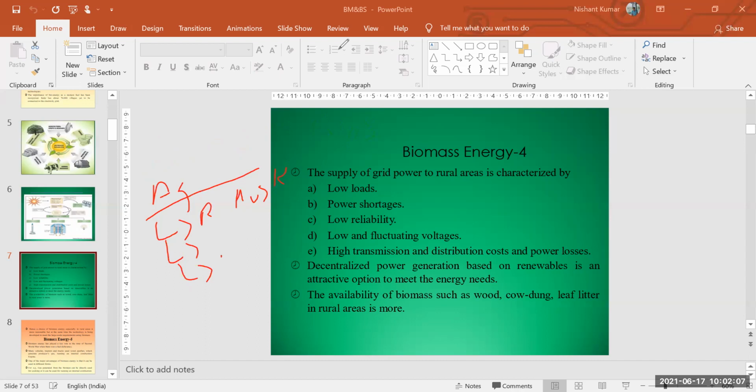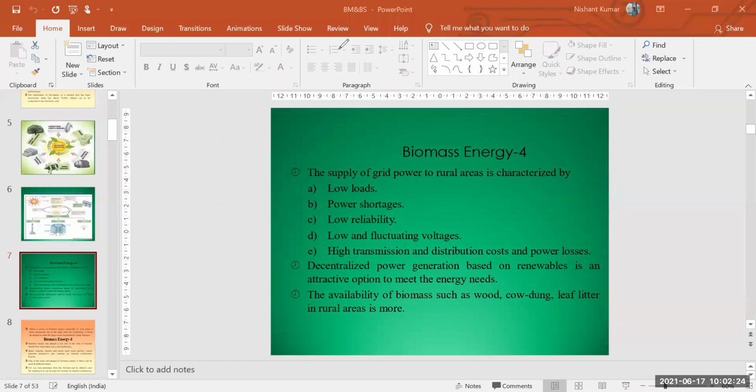Sugarcane waste, or we could also get corn residues. These plants have different energy levels that could be used in biomass or biogas generation.